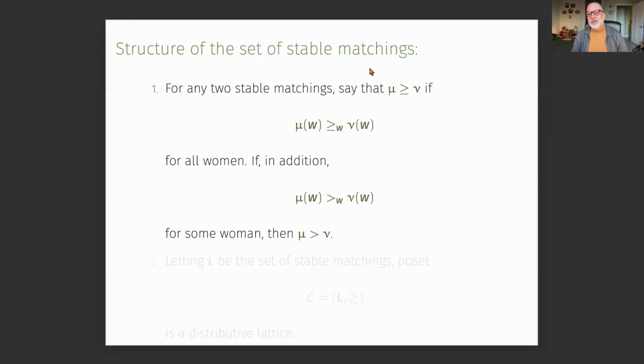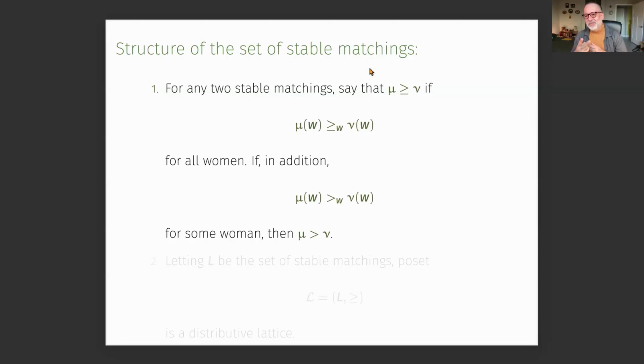So let me remind you that the structure of stable matchings is a very nice mathematical structure. So I'm going to endow the whole set of matchings with a binary relation, greater than or equal. And like in every piece of work that we have seen in the literature where this is done from the point of view of men, I remind you, I have two female co-authors.